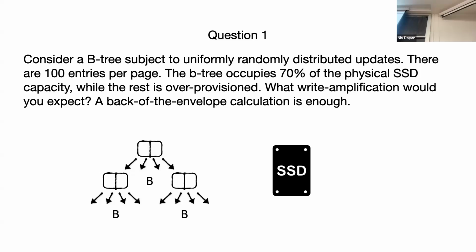I was thinking, well, if we're over provisioning, then we're not using up all of the physical capacity, but in our calculations we still seem to be assuming that we can use up all of it. You're saying that when it's garbage collection, yeah, because you can reclaim all the invalid pages.